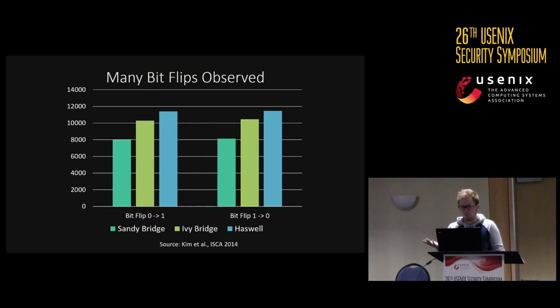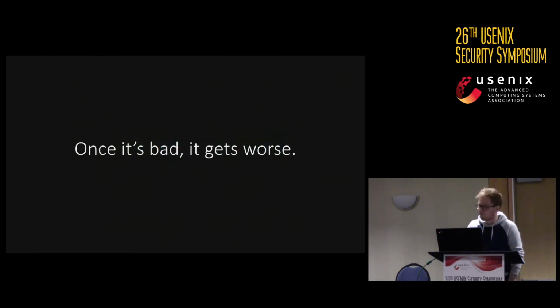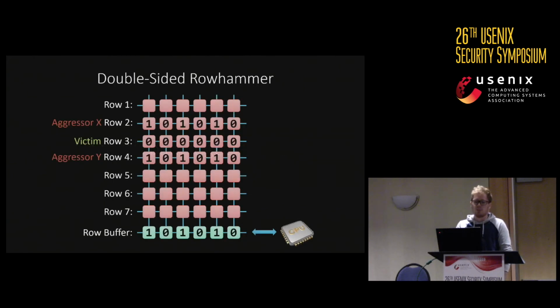So you might say that these bit flips are precisely why everybody tells you to buy the good ECC RAM, right, which is a little bit more expensive, and you have the feeling that you really invest something and should gain something like security. In this case, it actually gets a bit worse, because subsequent studies and publications found that the number of bit flips per row can increase significantly when we perform something called a double-sided rowhammer.